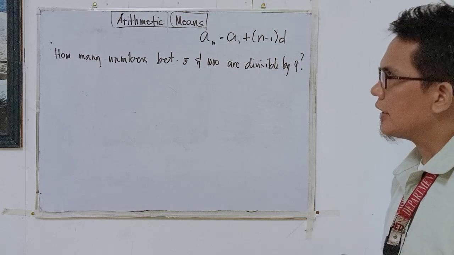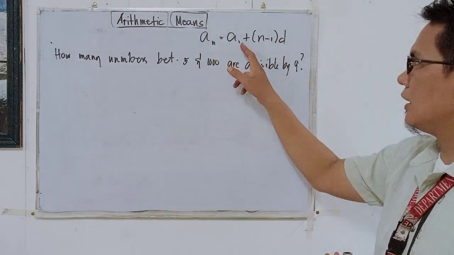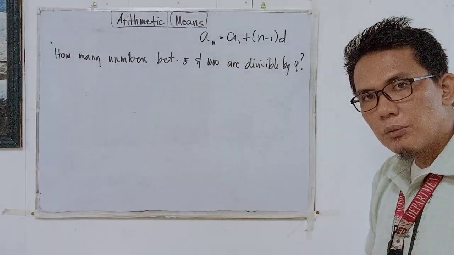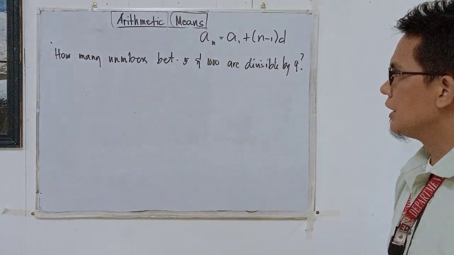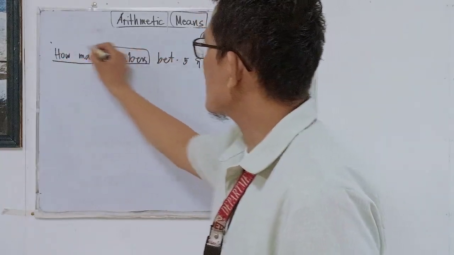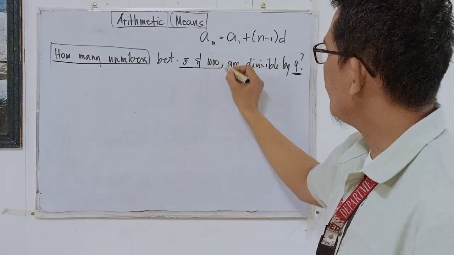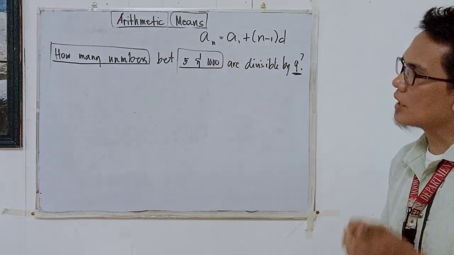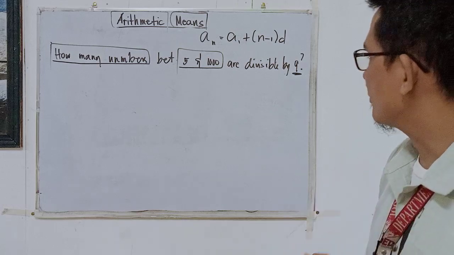Since we are talking about arithmetic means, we're going to use also the arithmetic sequence formula, applying what we did with our first example. But the problem here is we are asked to solve for the numbers that are divisible by 9 in between 5 and 1,000. Okay? So let us start solving our problem with that given information.